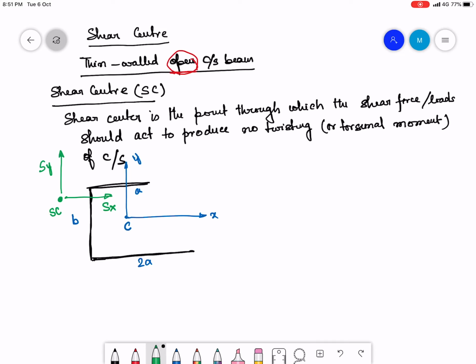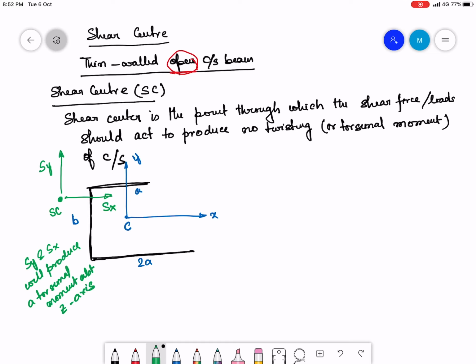So this Sy and Sx is going to produce a moment or torsional moment about the z axis. So both Sy and Sx will produce a torsional moment about the z axis, which is the lengthwise axis of the beam.